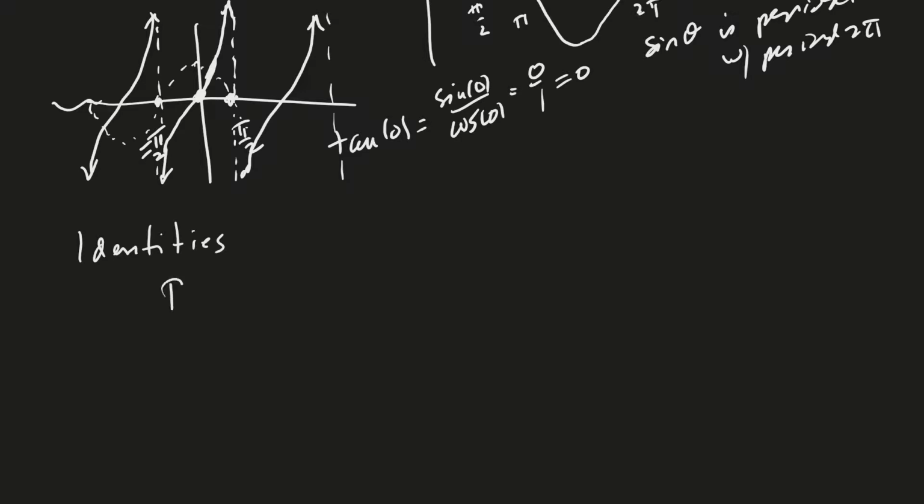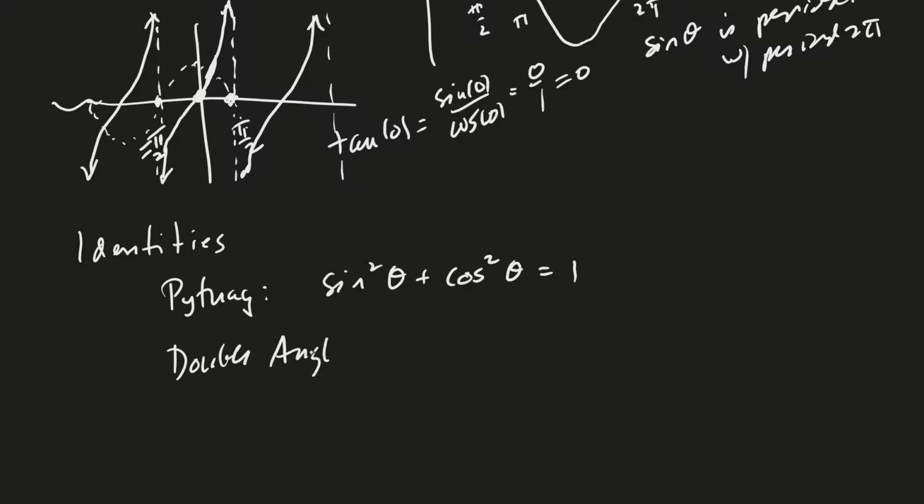So our Pythagorean identity is the one we use the most: sine squared theta plus cosine squared theta equals 1. Some other ones that we're going to use often are the double angle. And so that's sine of 2 theta is equal to 2 sine theta cosine theta.